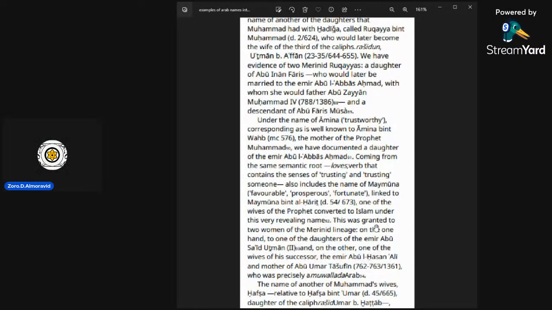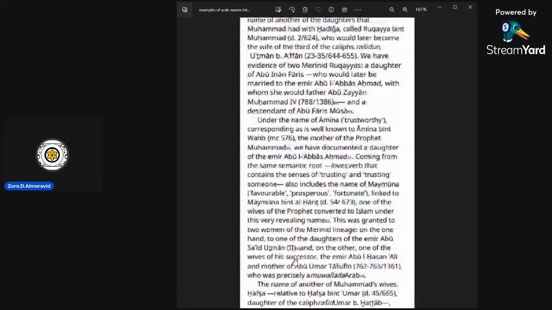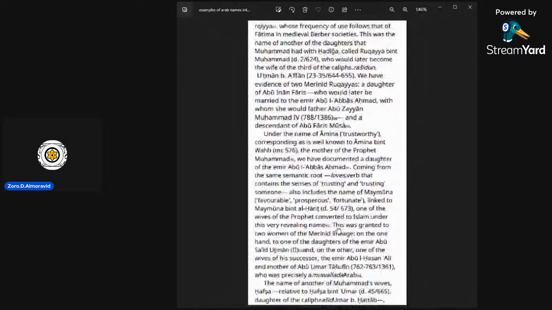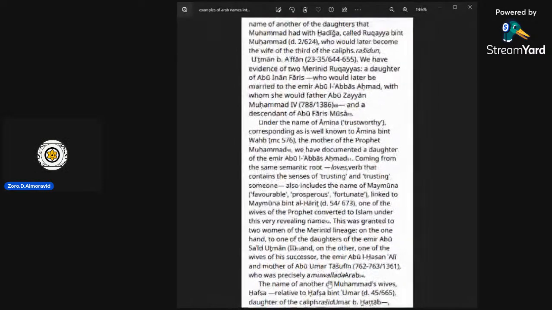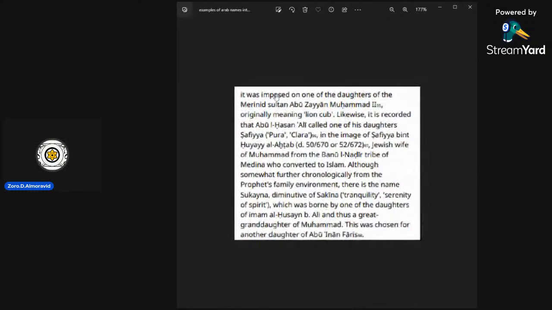And so, again, we have another name of one of Muhammad's wives, Hafsa. This name was given, or rather imposed, on one of the daughters of the Marinid Sultan.